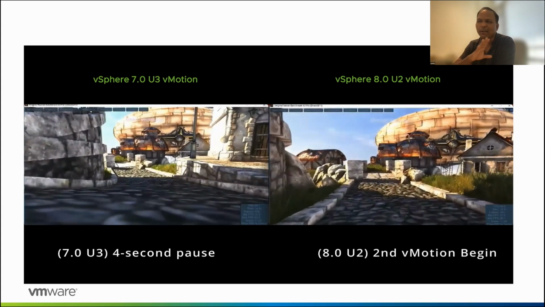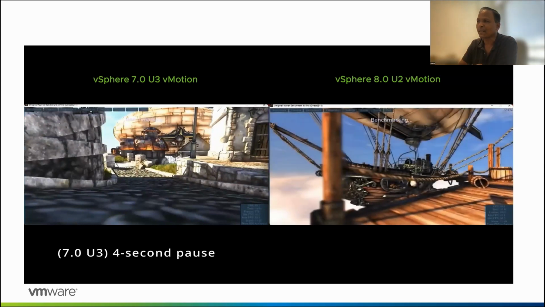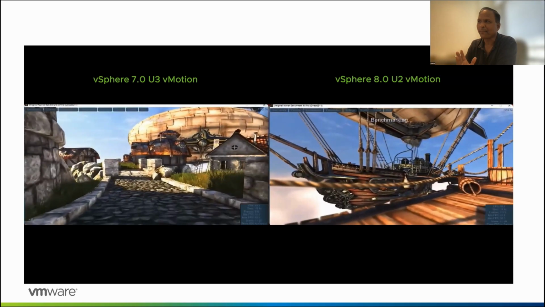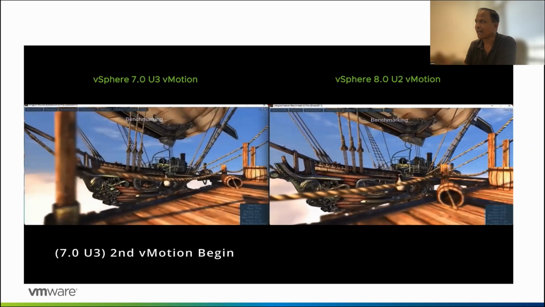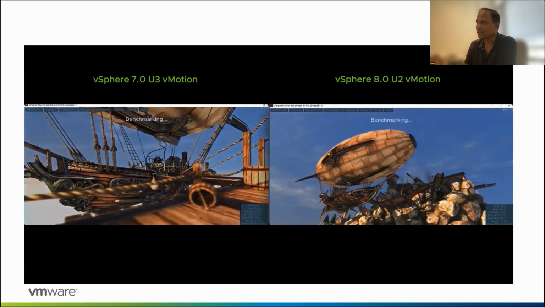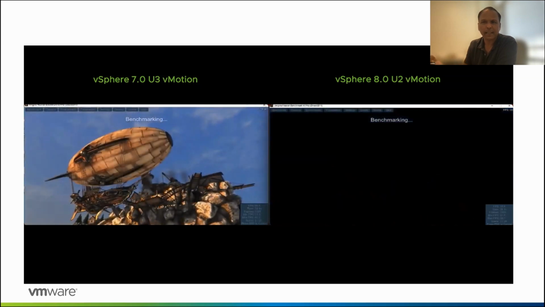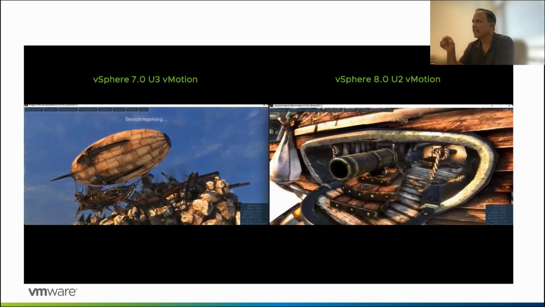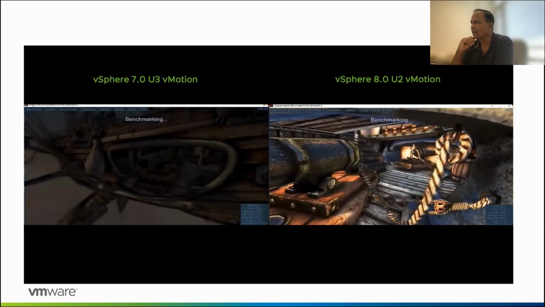And you can see on 7.0, the workload is paused for 4 seconds, which you don't see on 8.0, because we made tremendous improvements in migrating this vGPU memory very efficiently. You can also see the second vMotion has already started.